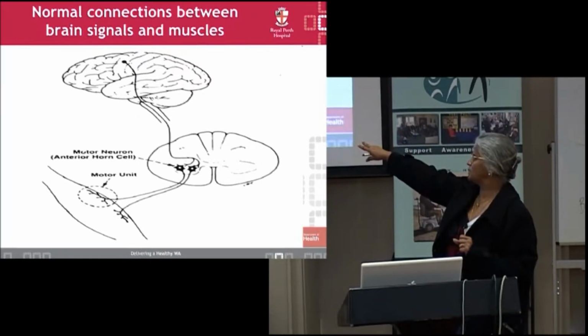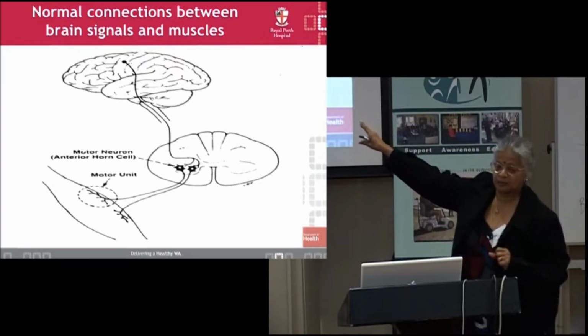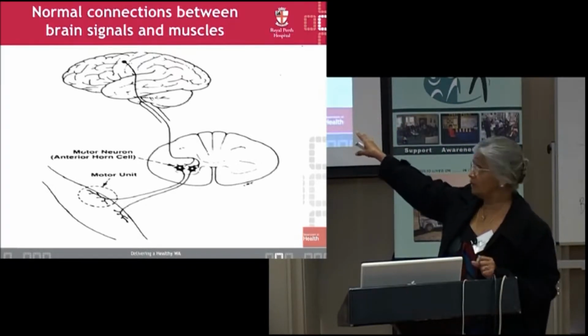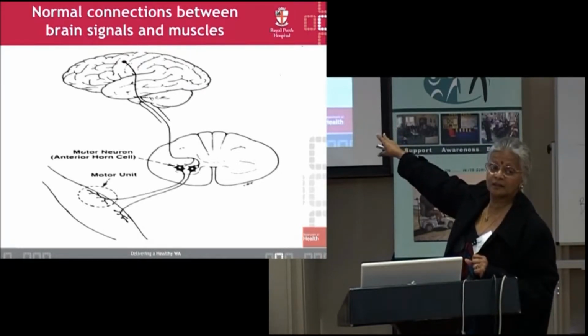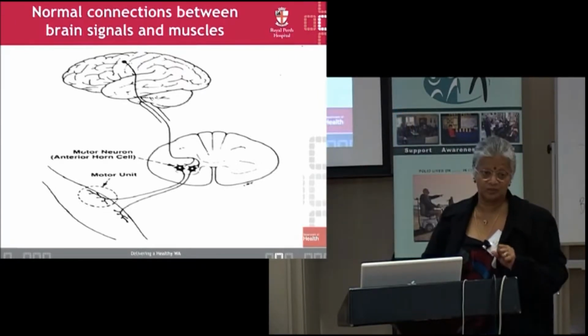So, for example, say this is a muscle bundle. The nerves from the brain connect, at what we call synapses, with those little star-shaped cells, and if those star-shaped cells are affected, you go paralyzed. Okay? So the signals may still be going to the brain, but there's nothing coming to the muscle.